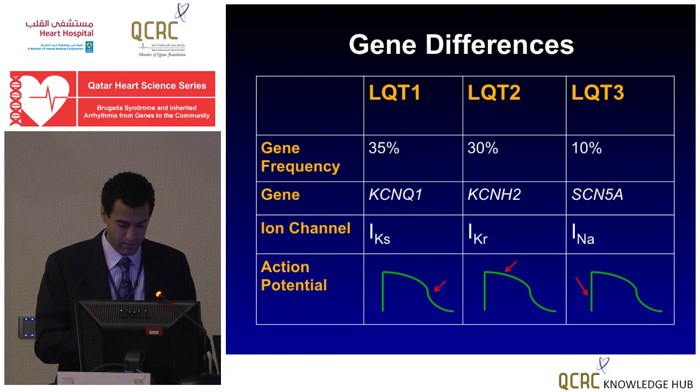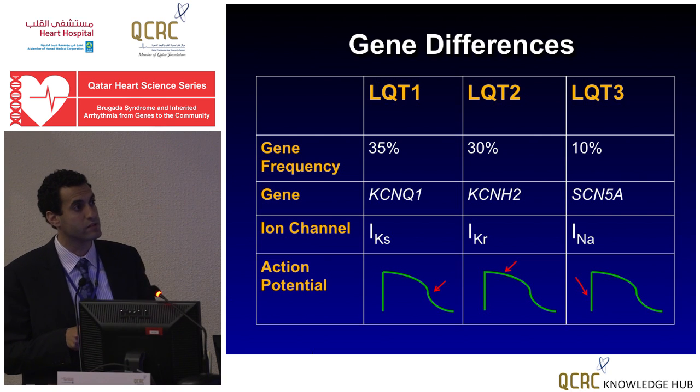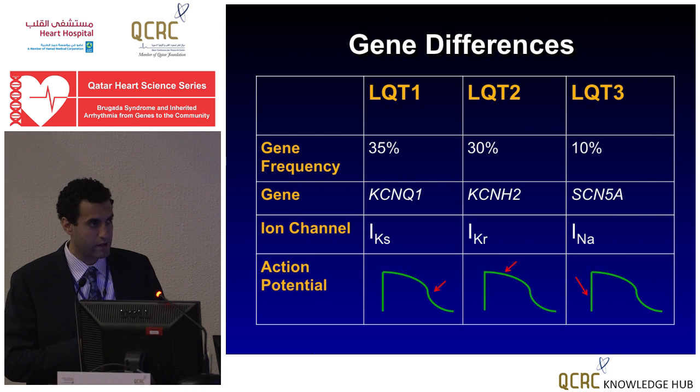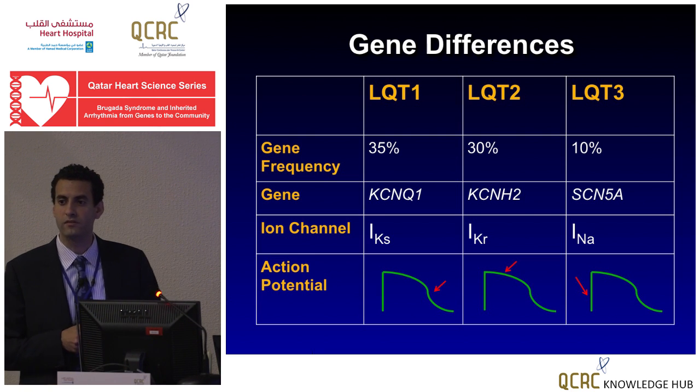So this is a slide we used yesterday to really describe the subtype classification and gene frequency. But if you focus here on the ion channel, long QT1 being the IKs, as we'll see in a moment, really affects potassium channel function at fast heart rates.